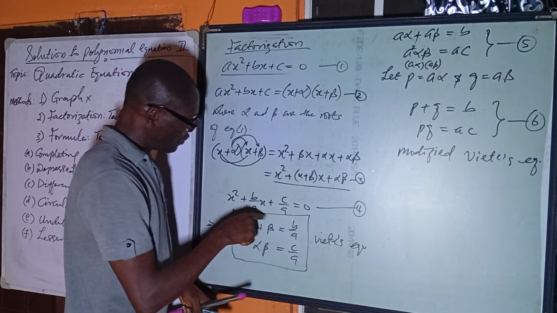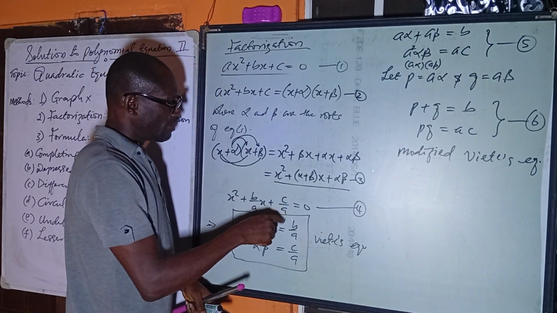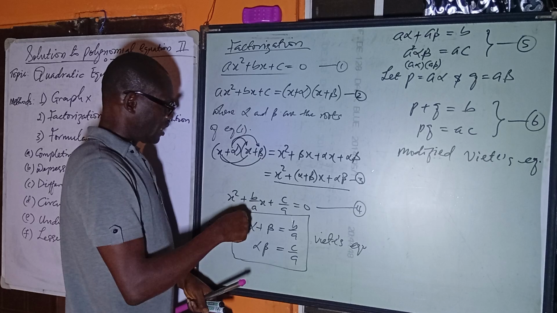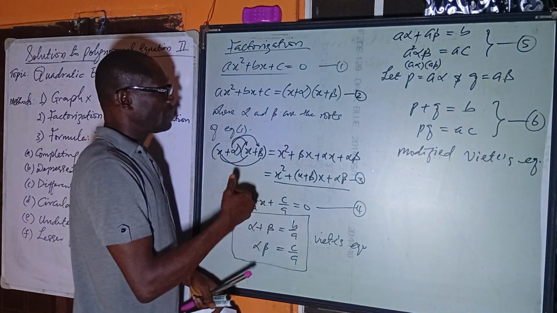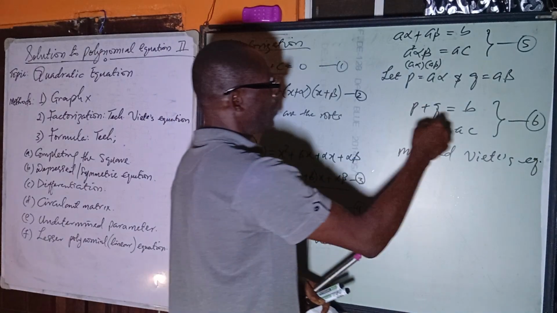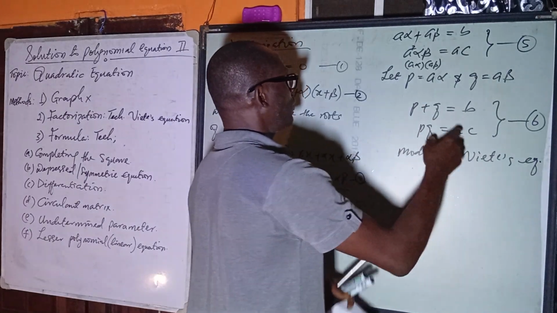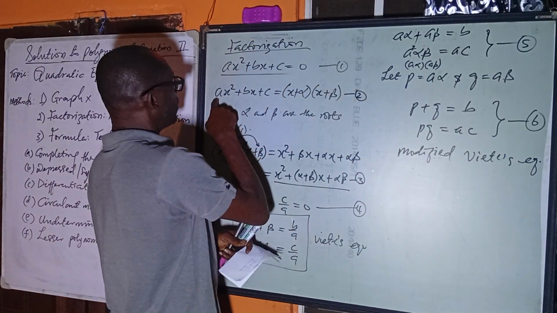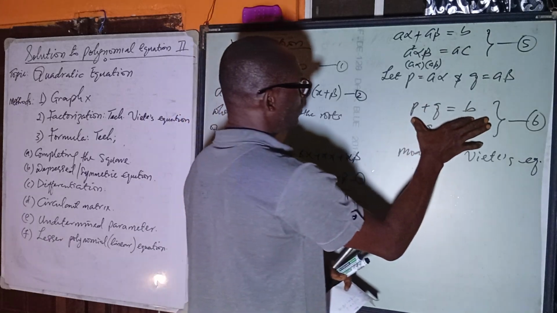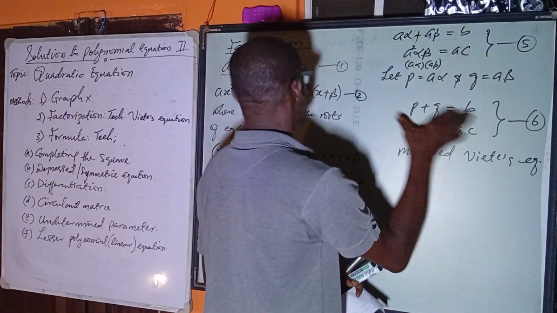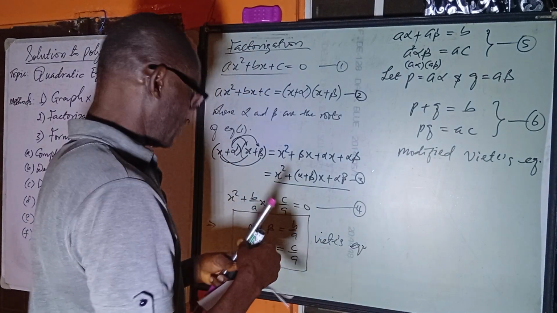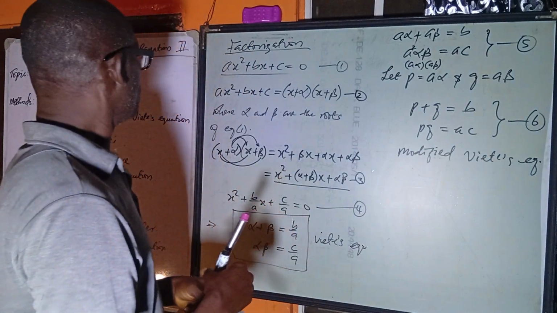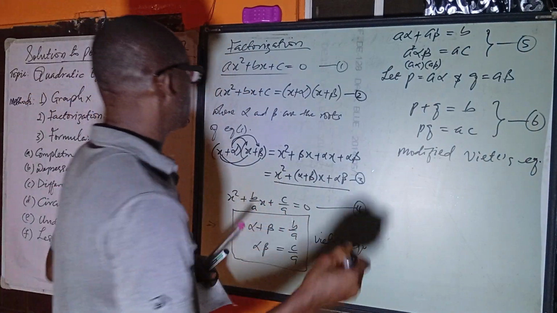Remember I told you that sometimes working with this fractional part, you may find it a little bit difficult, so it's easier to work with this. So the question now is, given this quadratic equation, can we factorize it? Let us now see how we can do that.